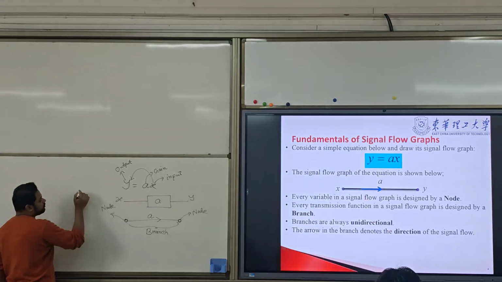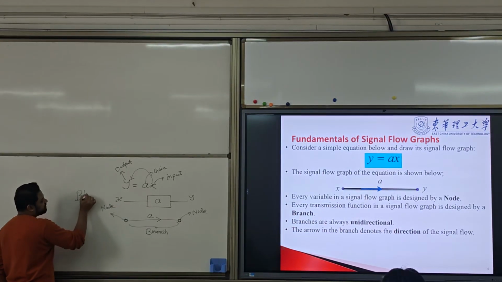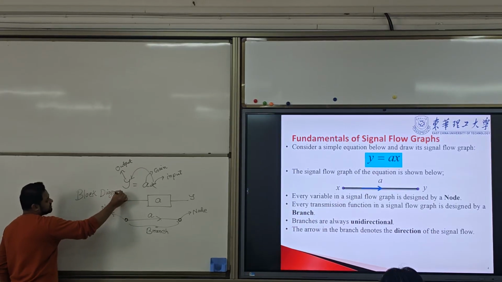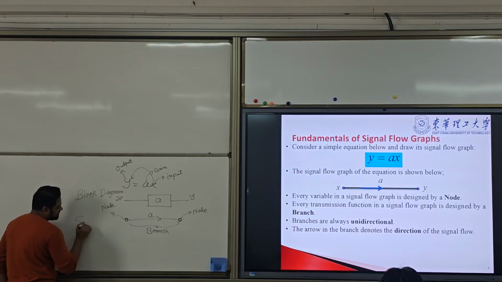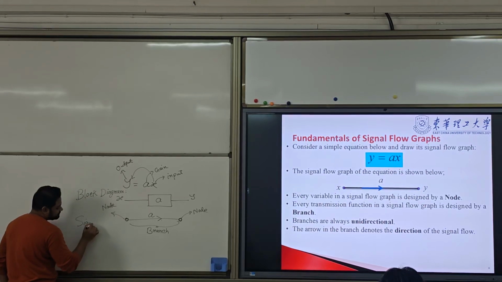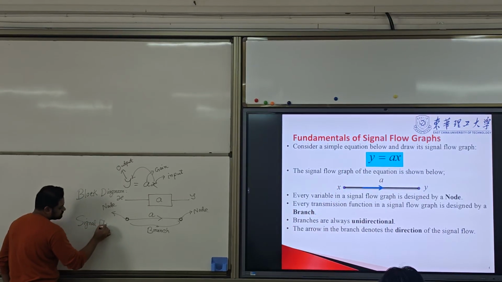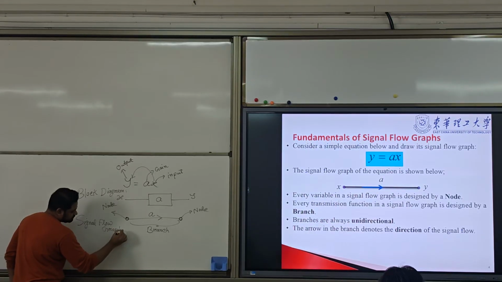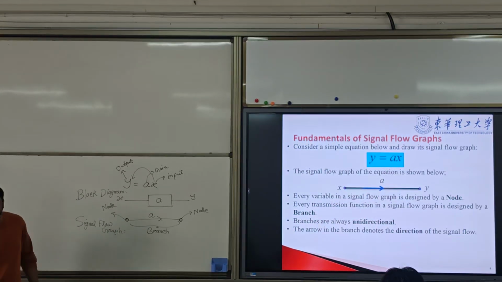This is called the block diagram representation, which we discussed in our previous lecture, and this is the signal flow graph. Why are we calling it a signal flow graph?